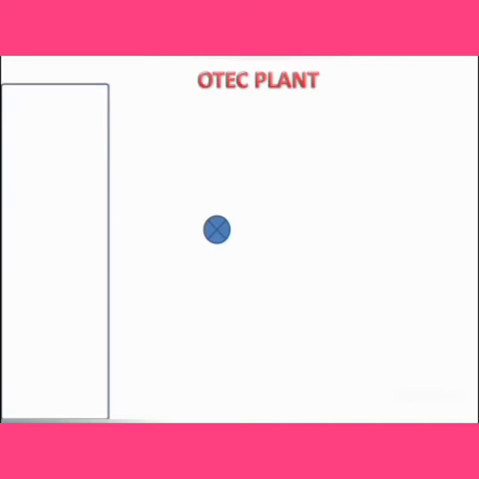OTEC plant. What is an OTEC plant? Ocean thermal energy conversion plant, in which we use the ocean water for electricity generation. Now we discuss the parts of the OTEC plant.